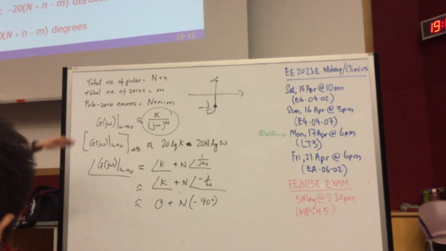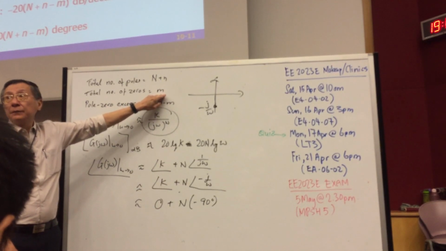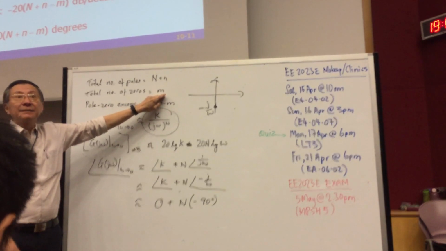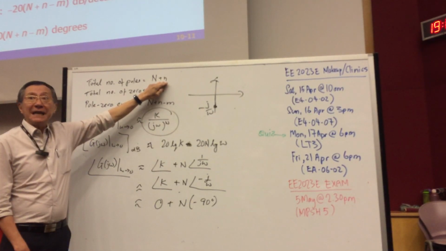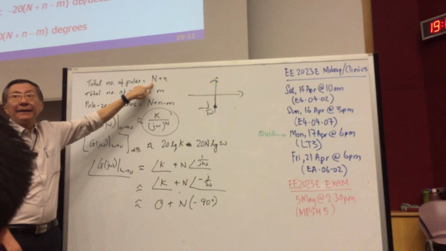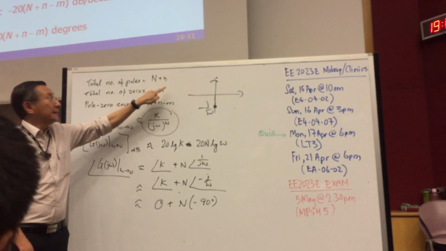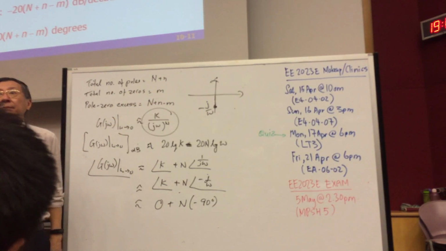Because on the top, the numerator, you have a total of m omega terms. In the denominator, you have a total of capital N plus n omega terms. This guy that belongs to n will still stay there. So what you're left with is this minus this at the bottom.